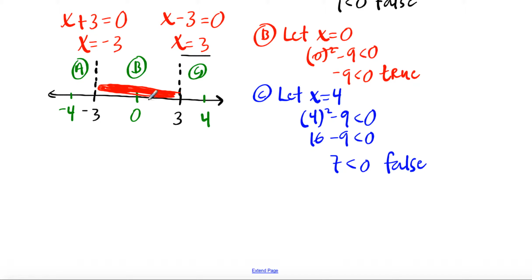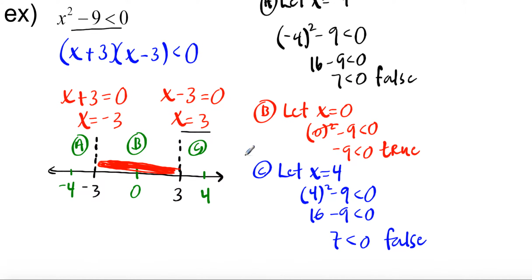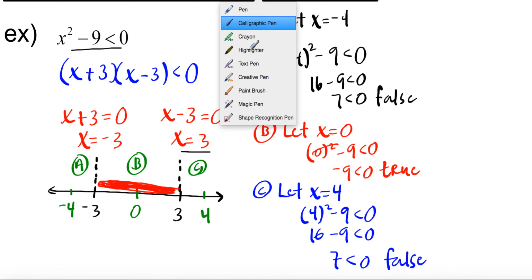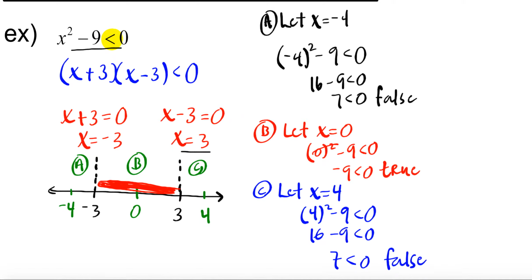0, 1, 2, negative 1, negative 2. Then we go to the original problem, and because that is just a plain less than, that means we need to use some open circles, just like we did before when we talked about linear inequalities. So an open circle on the negative 3 and an open circle on the 3.